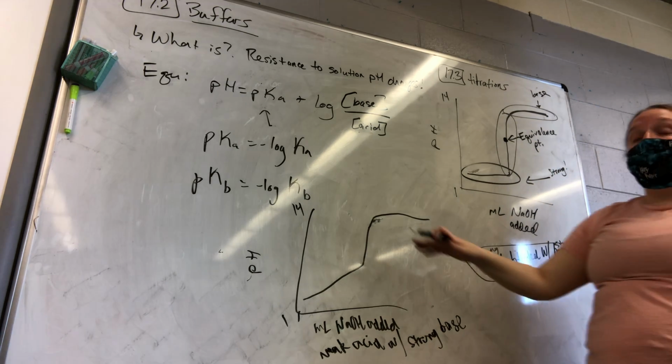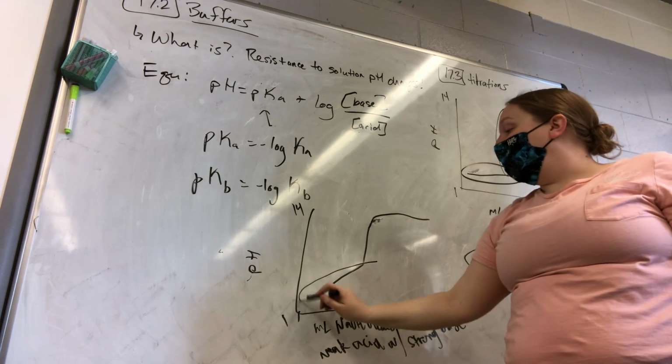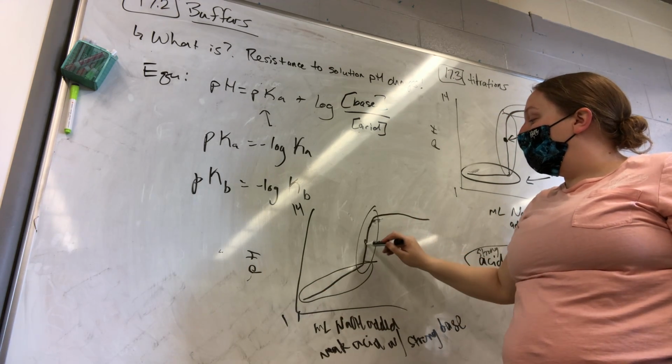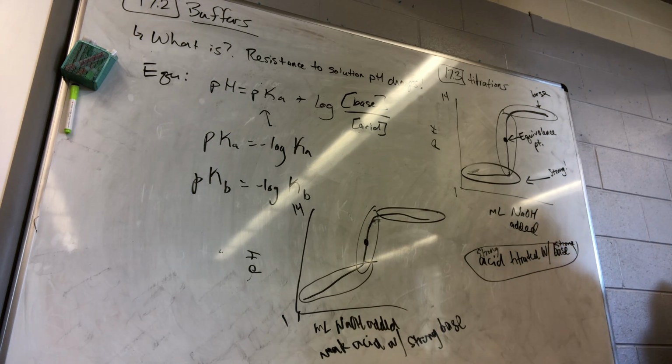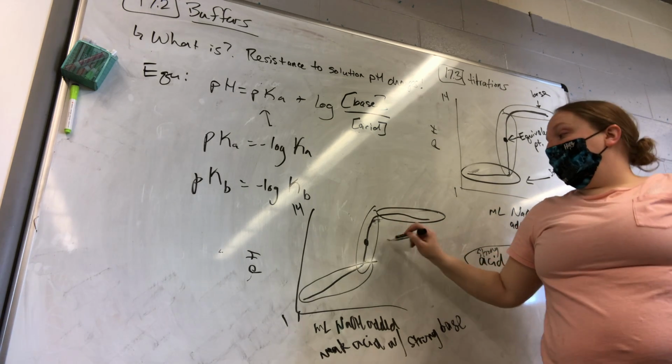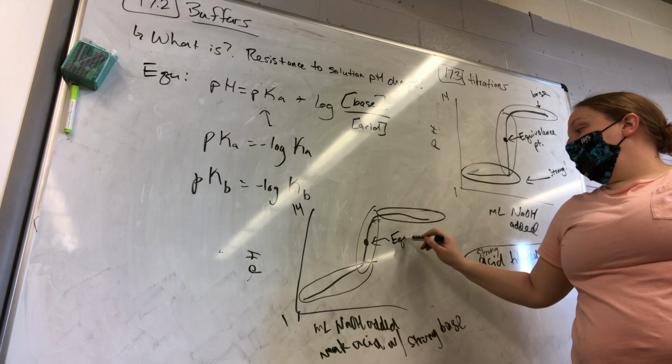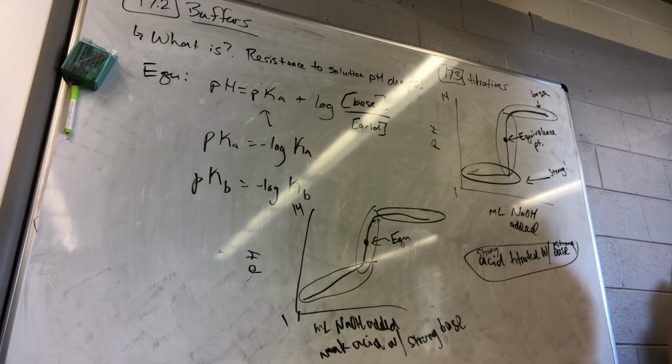How do we know that this is a weak acid? Again, we're looking for those 3 zones. The first is a small change in the weak acid. The second is your equivalence point. The third is leveled off once we've added more base than there was acid to begin with.